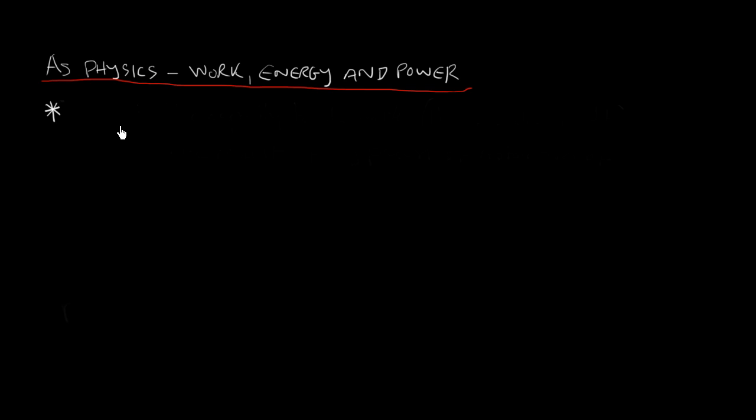So let's go with one of the ideas that it's useful to think about when we think about energy and we want to know what energy is. The most useful or practical one that I've found so far, in terms of the course that you're all doing, is this one.